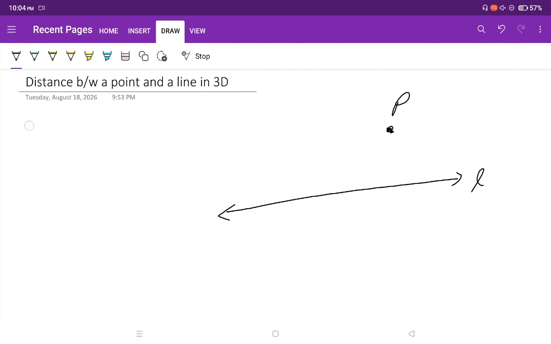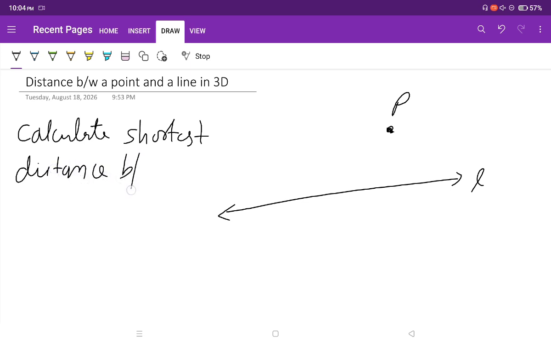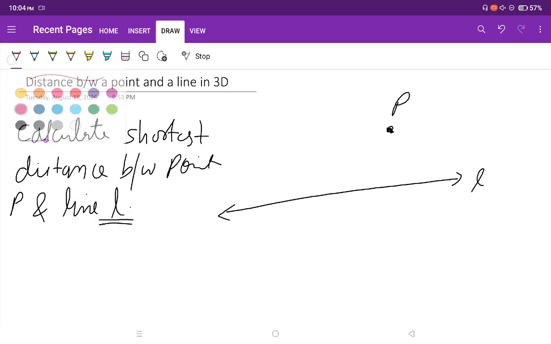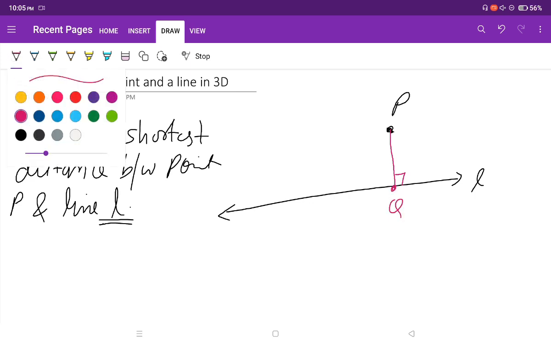Now we need to calculate the shortest distance between point P and line L, right? Now we know that the shortest distance will be what? Perpendicular to the line, right? Let's say this point be Q.